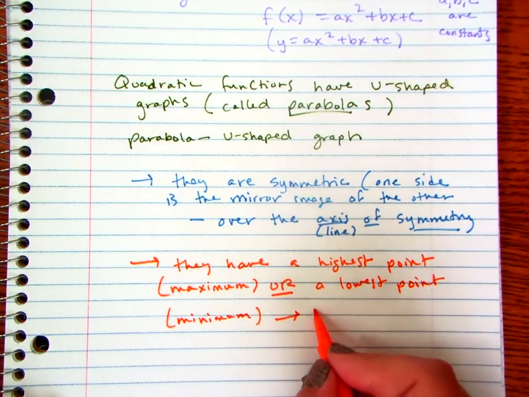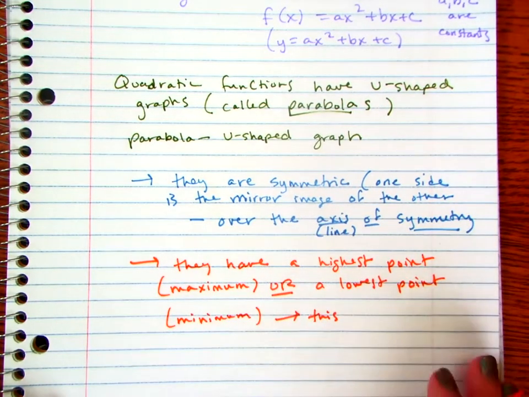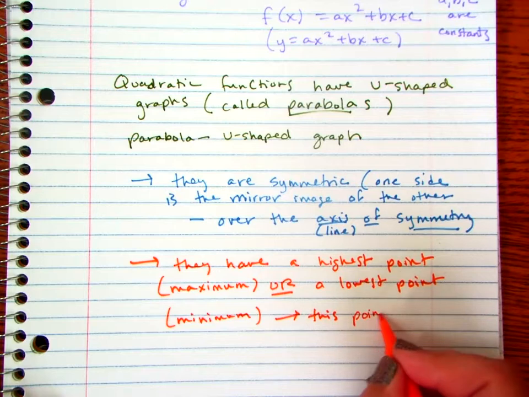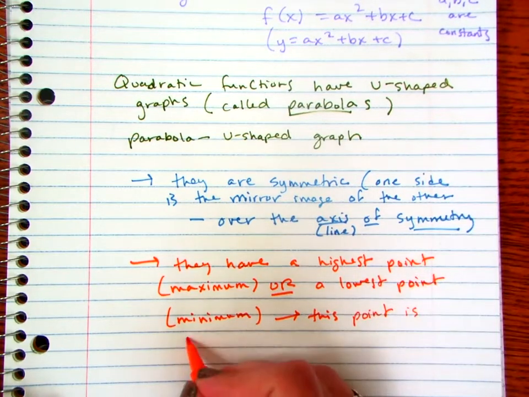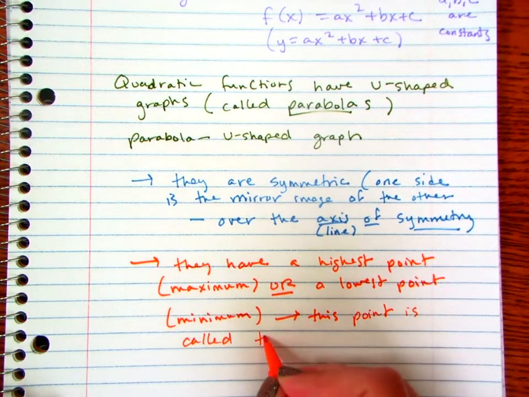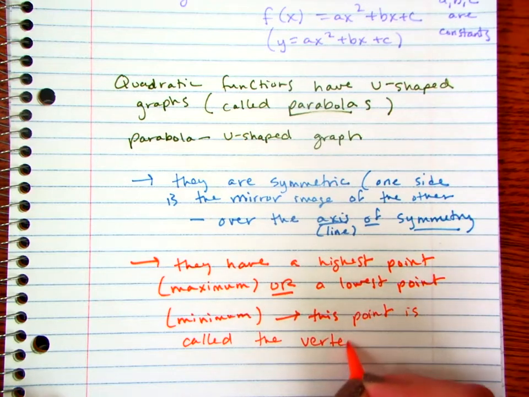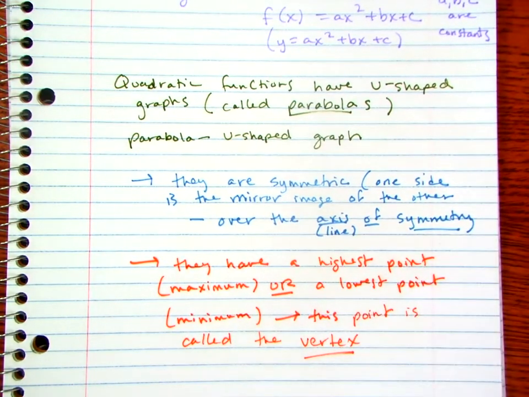Either way, whether it's a maximum or a minimum, this point is called the vertex of the parabola.